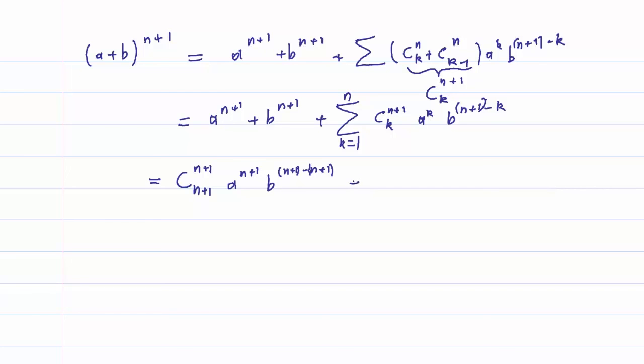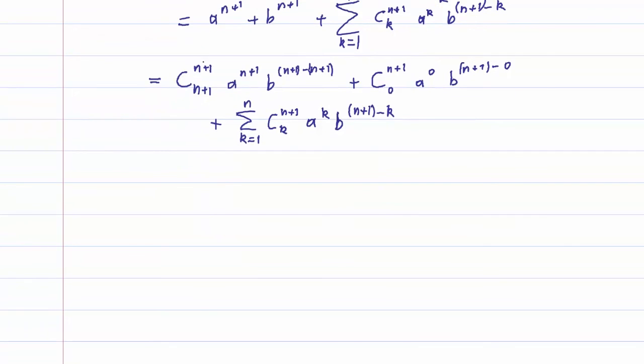We do the same for the b, but this time we're going to take C(0, n plus 1), a to the power of 0, and b to the power of n plus 1 minus 0, which is b^(n plus 1). And then we have the sum for k equals 1 to n, C(k, n plus 1) a^k b^(n plus 1 minus k).